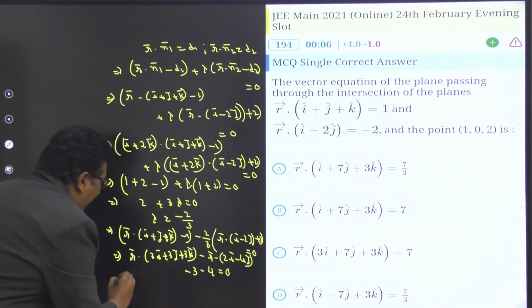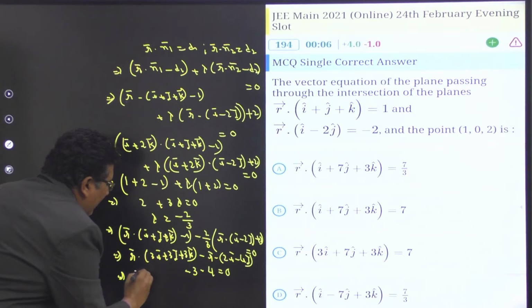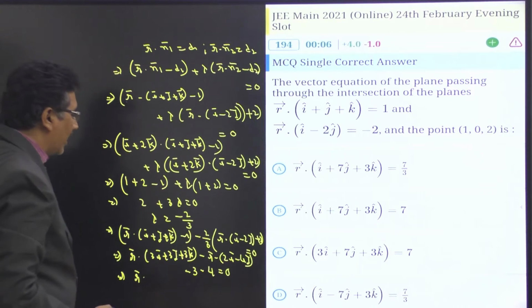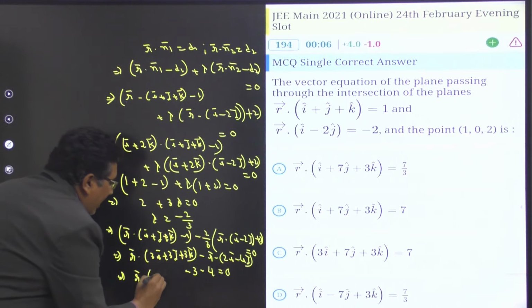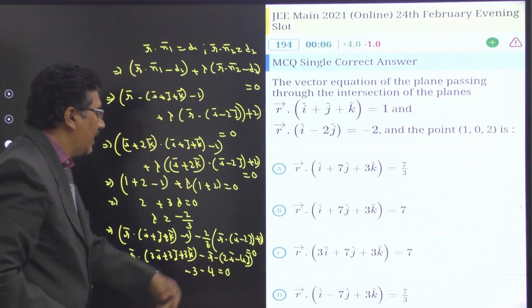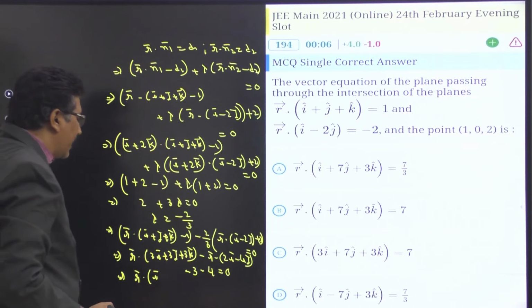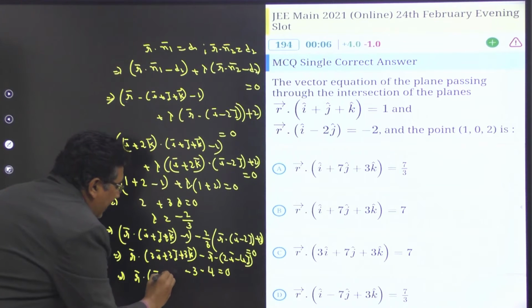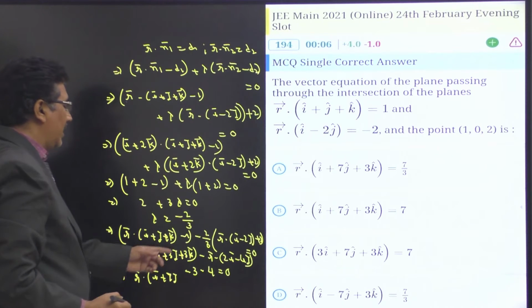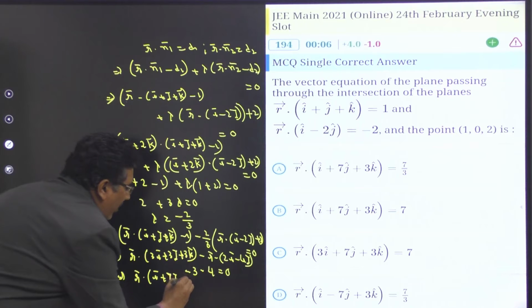Now that implies R bar dot 3I bar minus 2I bar, that is I bar. Now 3j bar plus 4j bar, that is 7j bar. Plus 3k bar.